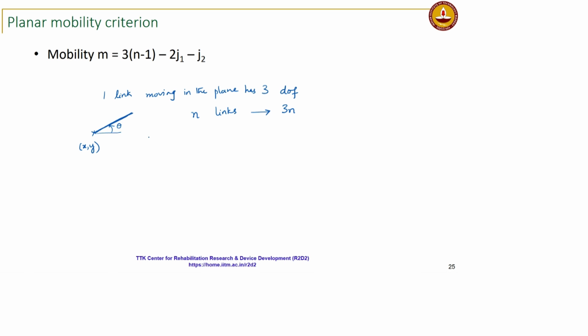Before that, in a mechanism I have to fix one link. Once that link is fixed, it loses all its degrees of freedom. So, if I start looking at the mobility of the mechanism, I had 3n, now because I have fixed one link, I have 3 into n minus 1.